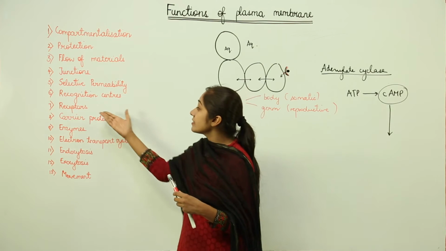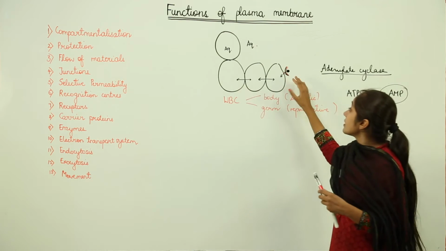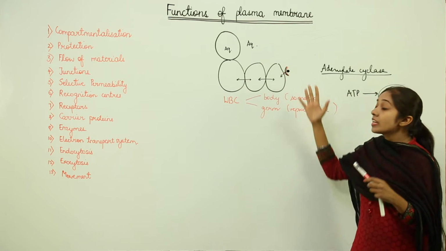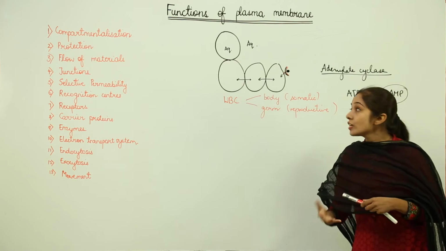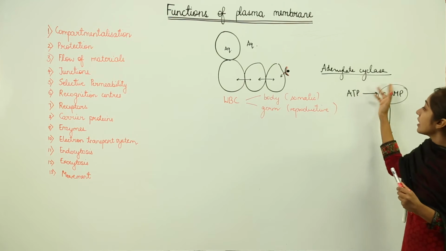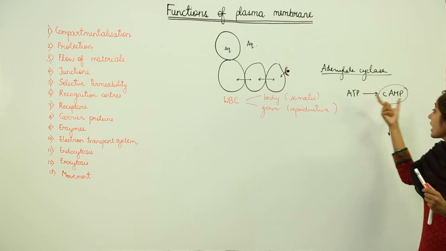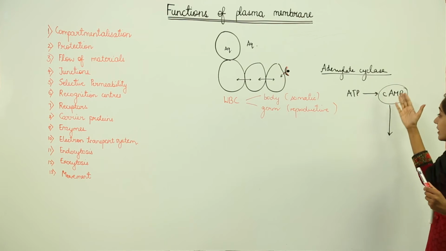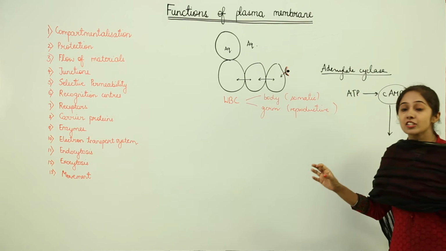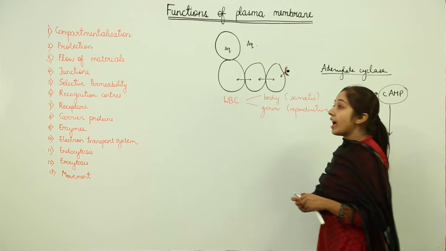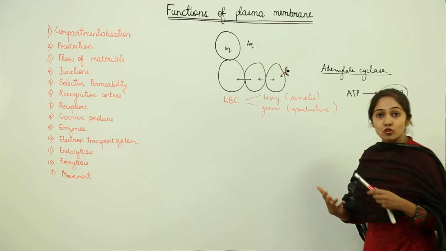So, this is how these receptors are there which are going to receive the molecules which can actually trigger a change. For example, I told you we have an enzyme that is adenylate cyclase which converts ATP into cyclic AMP, and this further triggers a series of reactions that goes inside the cell and the changes take place.